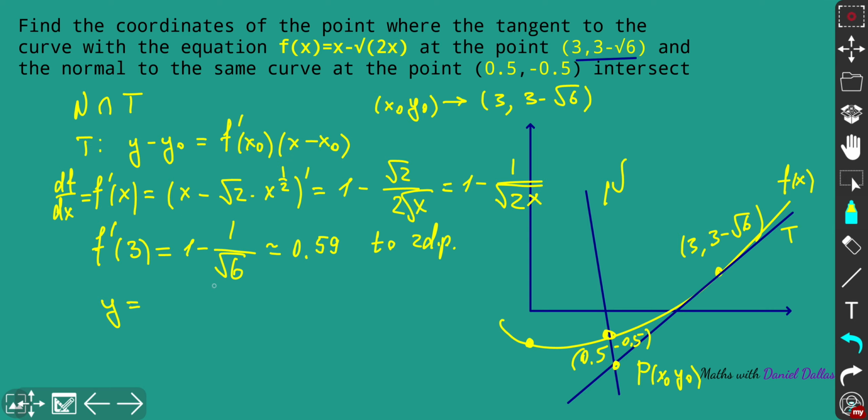So the general equation for the tangent line is going to be y0, that's 3 minus square root of 6. If you calculate that, you'll get around 0.55. That's y0, okay? And on top of that, we need to use 0.59 times x minus 3.